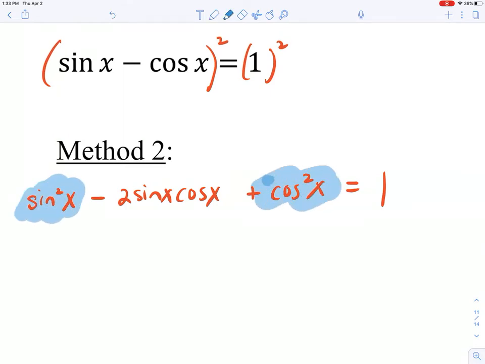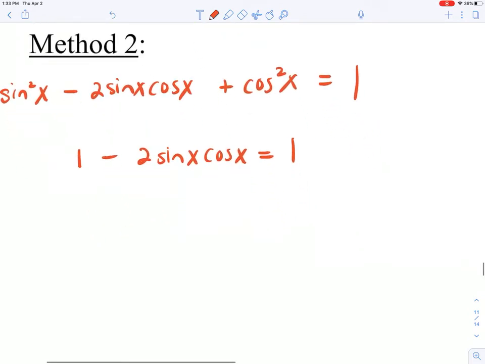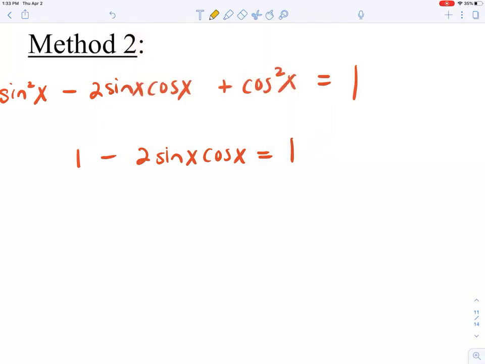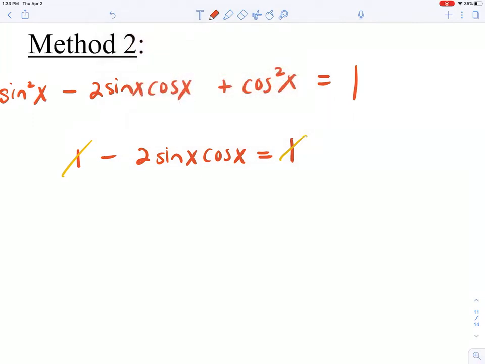You might then see, well, sine squared plus cosine squared, that's equal to 1. That's the Pythagorean identity. So we would have 1 minus 2 times sine times cosine equals 1. And then if we subtract 1 from both sides of the equation, the ones cancel, leaving us with -2 times sine times cosine equals 0.